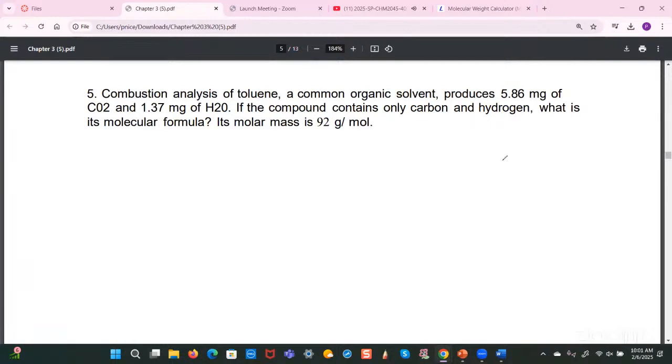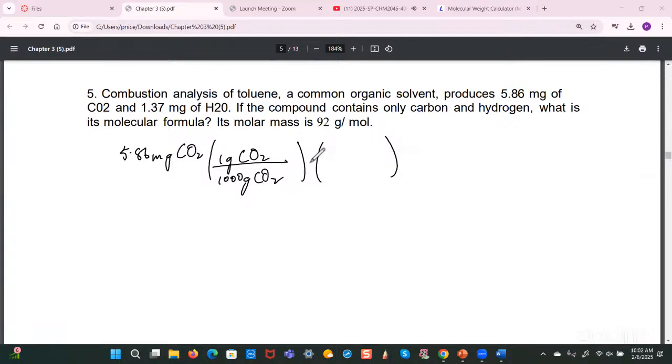So I would first start off with, now in this case, they gave us 5.86 milligrams of carbon dioxide. What I would do is first convert to grams. So 1 gram of CO2, 1,000 milligrams of CO2 down here, and then I'll convert to moles.